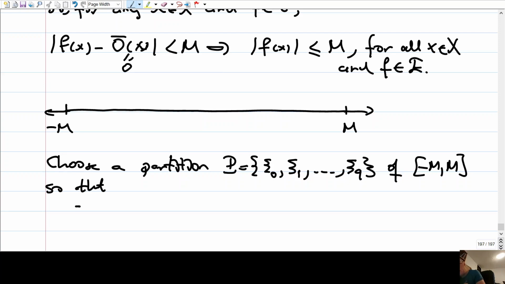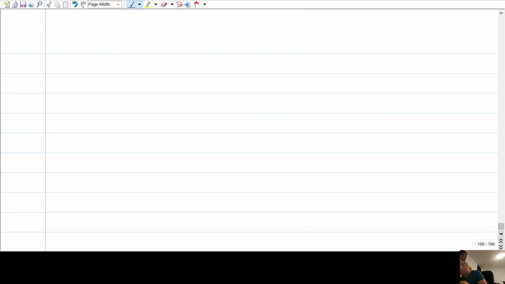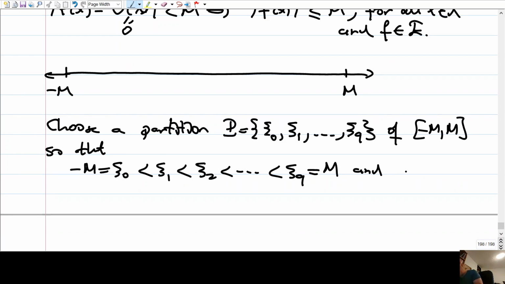Minus m is xc0. I have xc1, xc2, and we go up to xq, which is m. And the distance between two consecutive xi's is what? xi plus 1 minus xi.